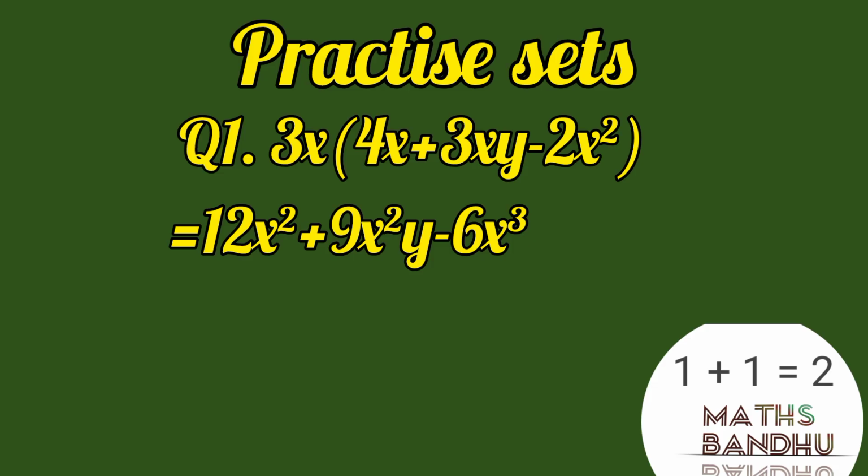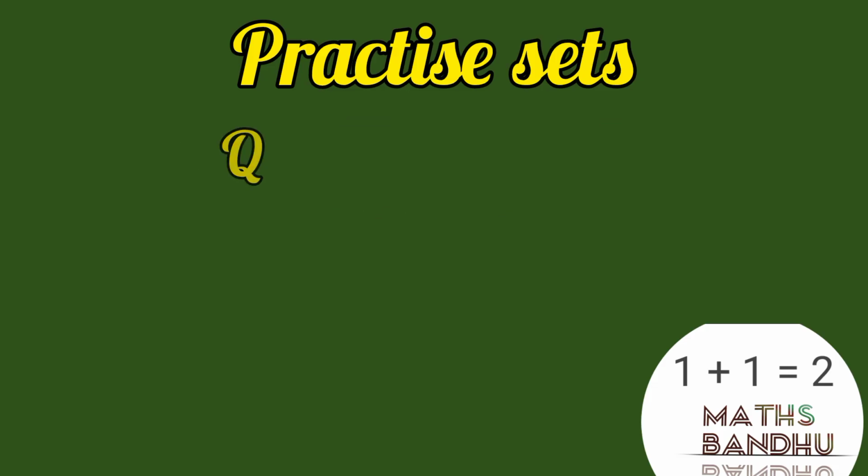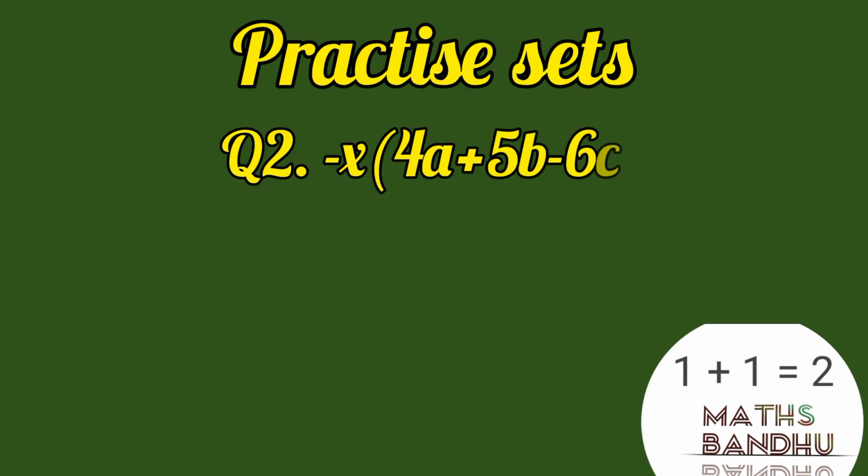Now moving on to the next sum, that is minus x into (4a plus 5b minus 6c). Now let's start solving it. It's a very easy sum, but we have to keep in mind the signs while multiplying. So minus and a plus is minus, so your answer will be minus. Since you only have letters, you just merge them all.